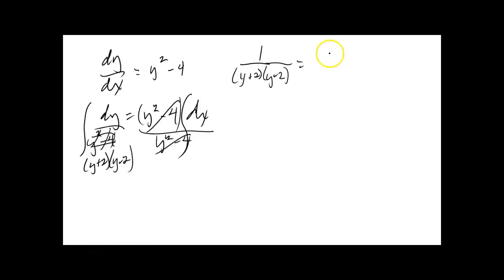Now, we're hoping that's going to be a over y plus 2 plus b over y minus 2. You okay with that? We're hoping that complicated fraction will split into two simpler fractions, right? Where do we go from here?